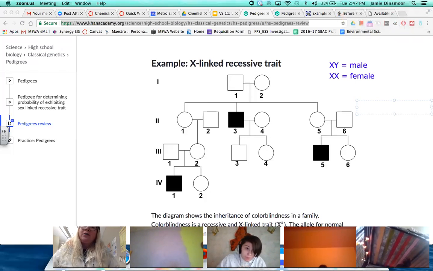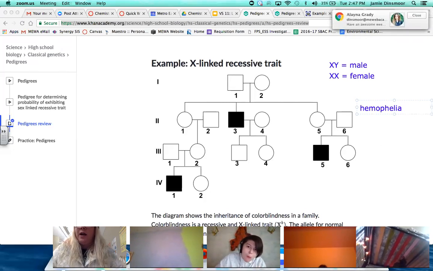So an X-linked disease is hemophilia, which I don't know how to spell, so we'll assume that's right. I don't think it is. I think there's like an extra A or something in there. Hemophilia is recessive. So for something to be expressed when it's recessive, we usually need 2 copies, right? Okay.